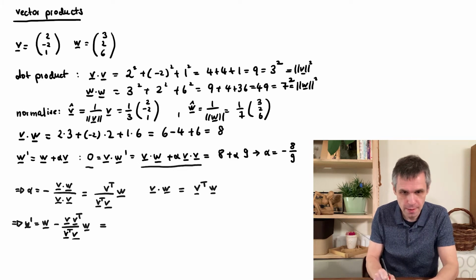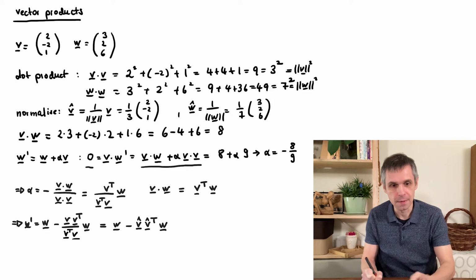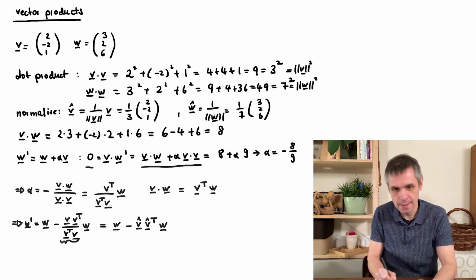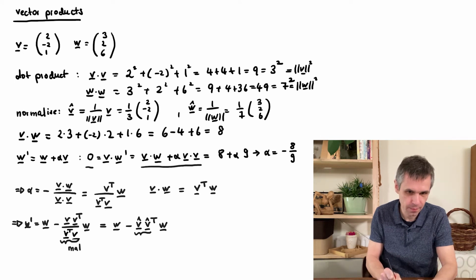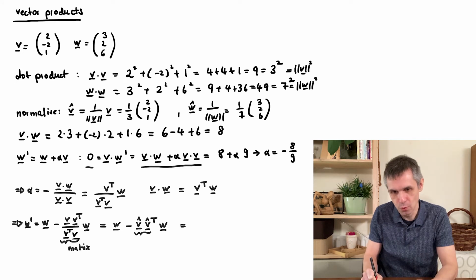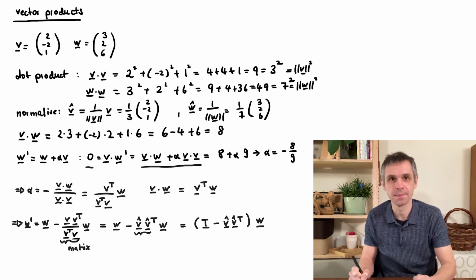We can also express this in terms of the unit vectors, these vectors here. But in either way, what is useful to recognize is that this here can be interpreted as a matrix. And in doing so, it then makes sense to also use the identity matrix and to write this all in this form here.